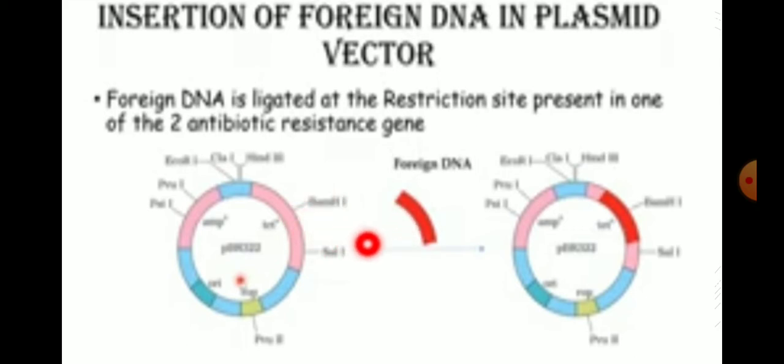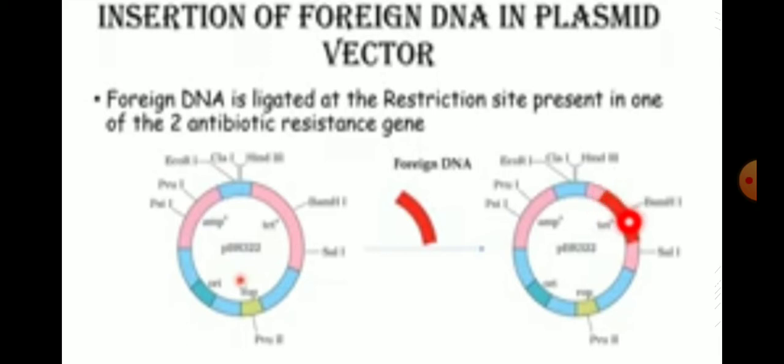Now the question is, when the foreign gene or this insert is placed in the region of the tetracycline resistance gene, there are two probabilities.